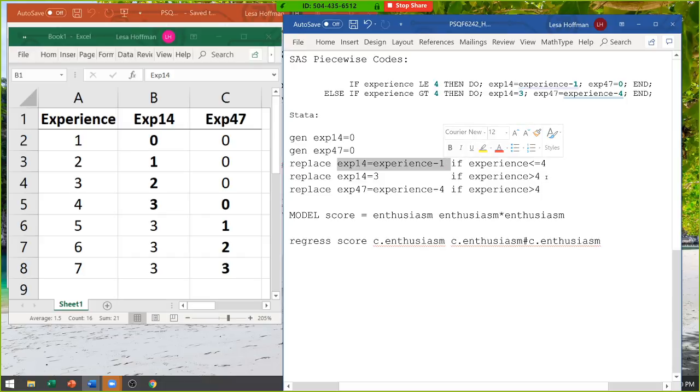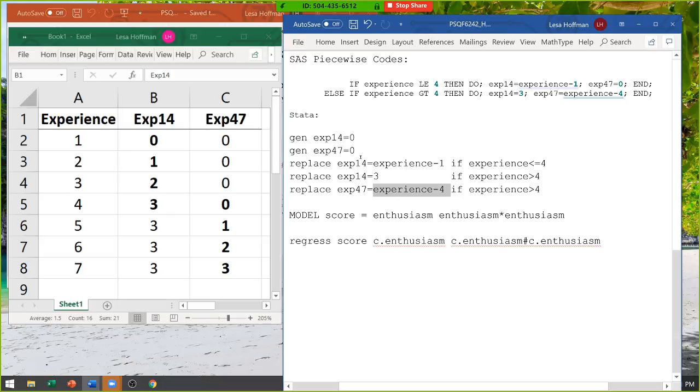If experience is greater than 4, then the first variable shuts off at 3. And if experience is greater than 4, the second variable picks up at the original variable minus 4. I don't know how to do multiple things simultaneously in Stata after one if, so I had to write two separate statements, but not such a bad deal.